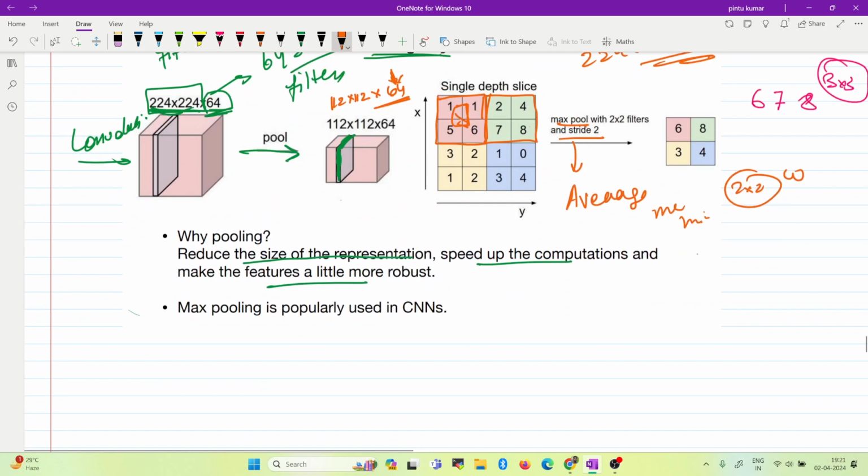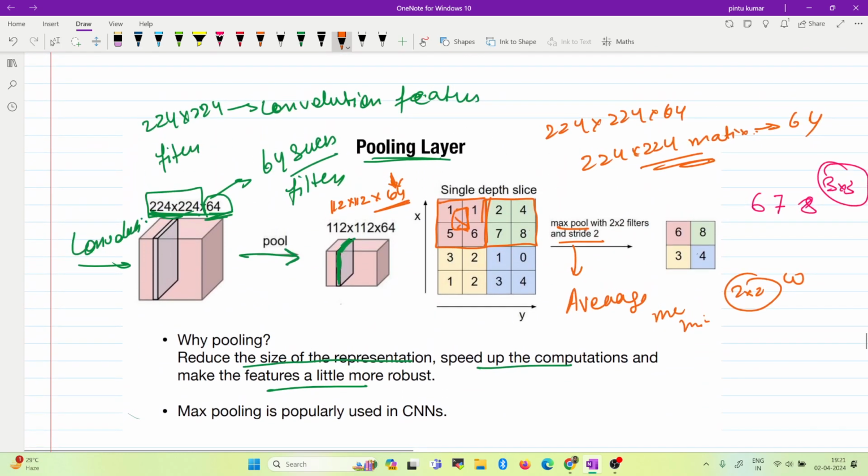Sir, you've taken 224 cross 224 cross 64. Is 224 the number of images available in the data set? No. So you had some image, and from there you applied a convolution layer and reached this point.